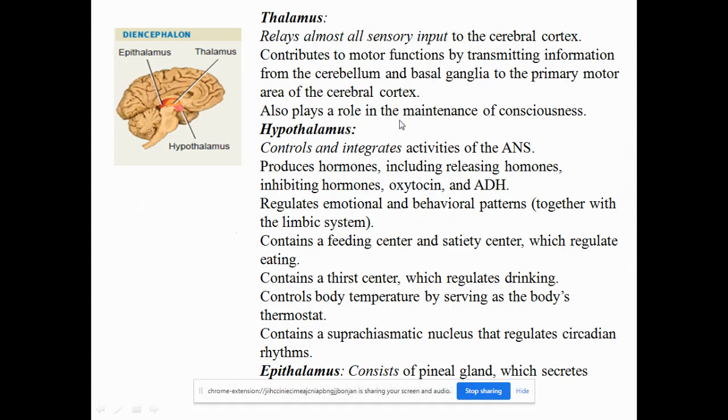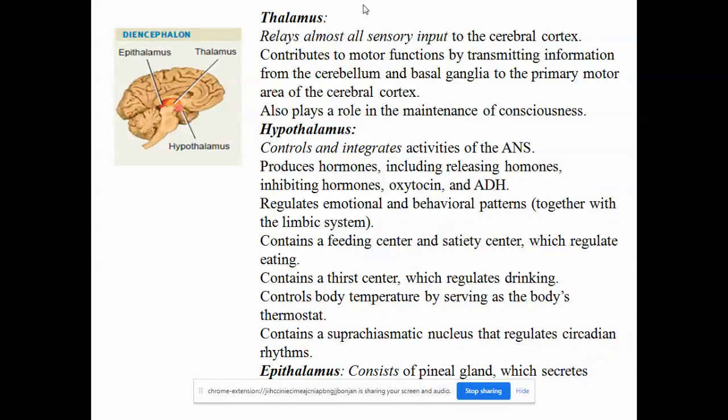So let us summarize the different functions of the various regions of the diencephalon: thalamus, hypothalamus, and epithalamus. The thalamus acts as a relay. What is a relay? A person playing a game relays a stick to different members in the group, who take it from the starting point to the end point.